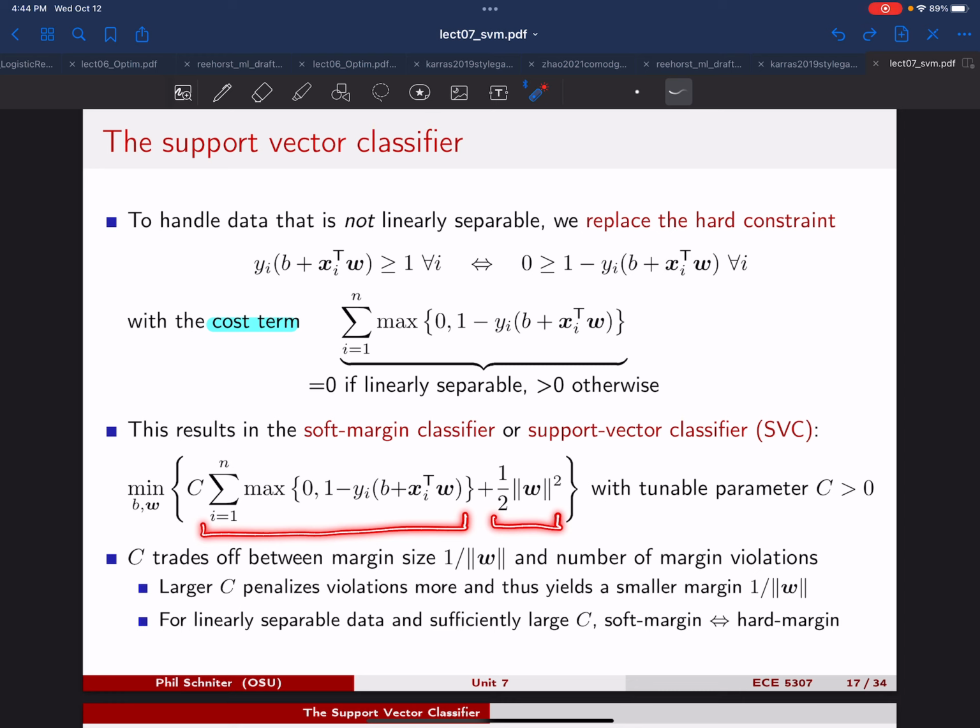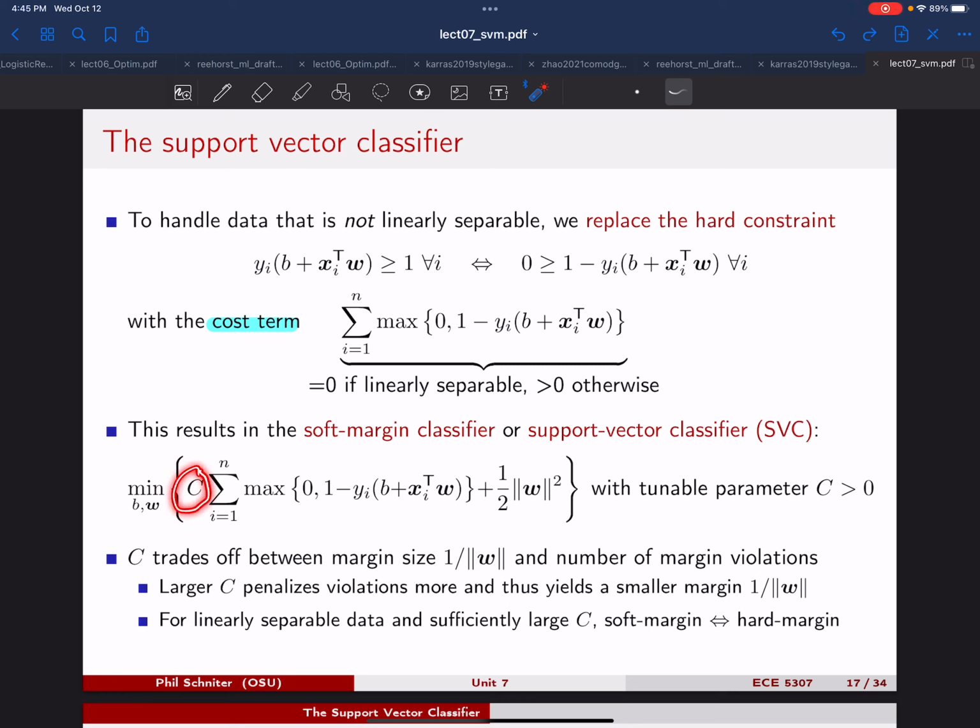So we have to figure out how important it is for us to prevent any violations of the margin, because when you violate the margin, this thing gets bigger. Are we more concerned about violations in the margin, or are we more concerned about the norm of W being small? So we can choose C to balance between these two terms.